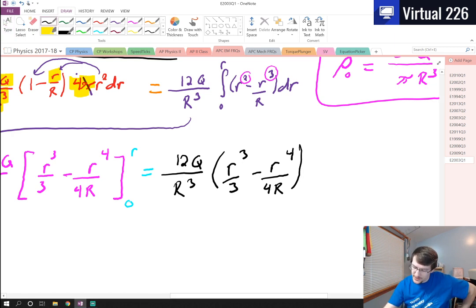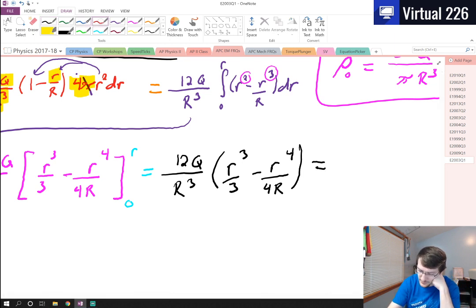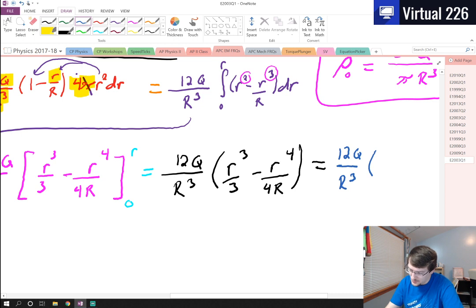Let's cross multiply the 4 and the 3 over, so we get something that looks more like 12q over R cubed times the quantity of, well, let's do this. Let's pull r cubed to the outside because r cubed's in there. So pull an r cubed out. So this is going to just be 1 over 3.